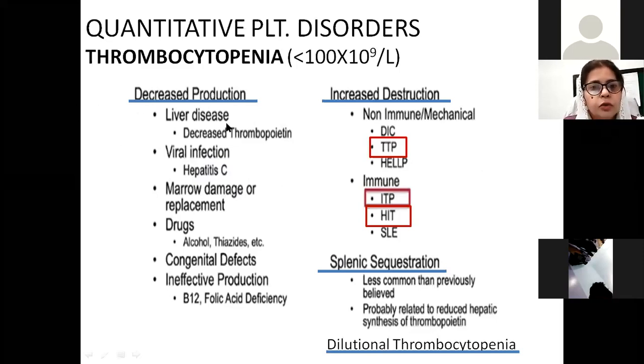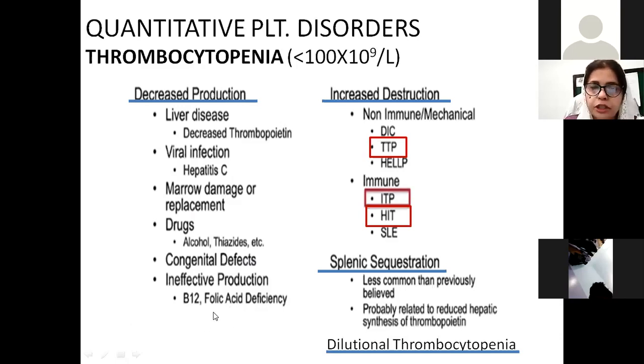Okay. So decreased production can be because of decreased thrombopoietin, which is a growth factor which acts on the megakaryocytes in the bone marrow. Or it could be due to viral infection, marrow damage or replacement, certain drugs, congenital defects, and ineffective production, especially B12 deficiency.